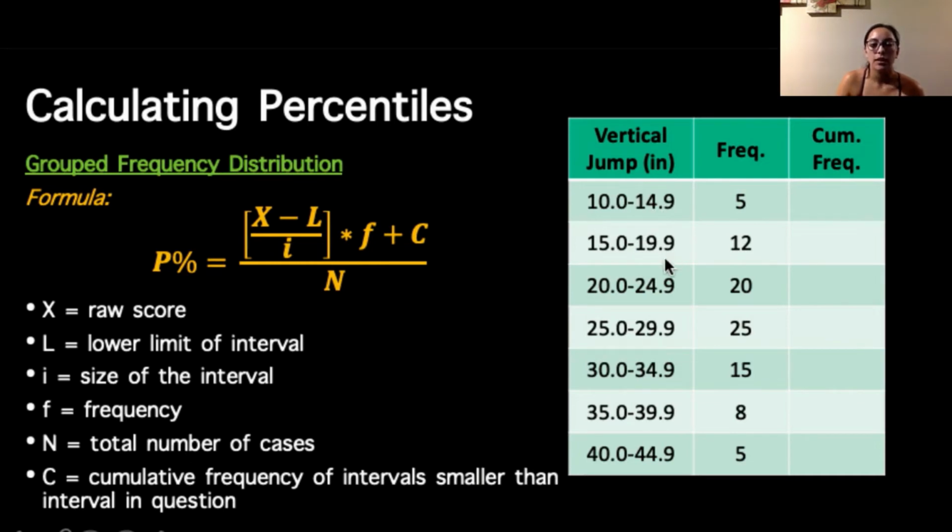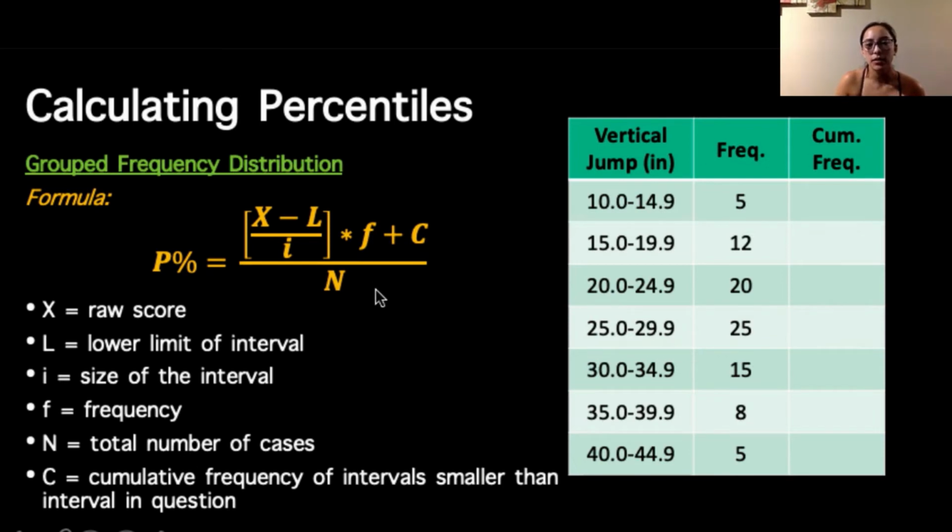The cumulative frequency that I would record in my formula is the cumulative frequency of the interval below the group that my raw score exists in. Okay, we'll go through an example of this, so it should help make more sense of where numbers are coming from. And then N, again, is our total number of cases, or our sample size.